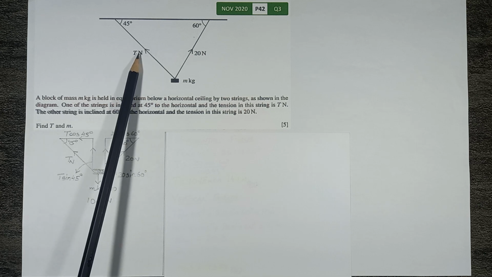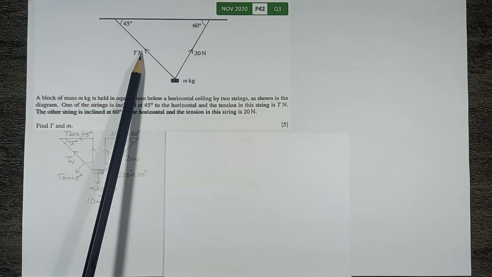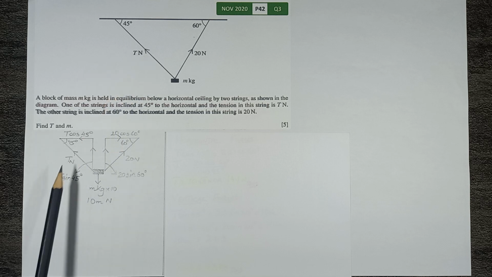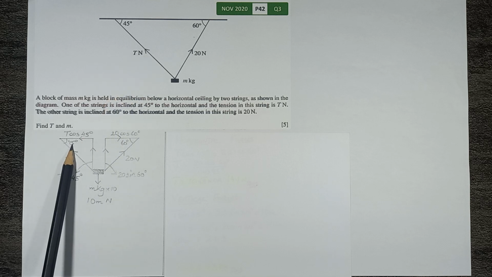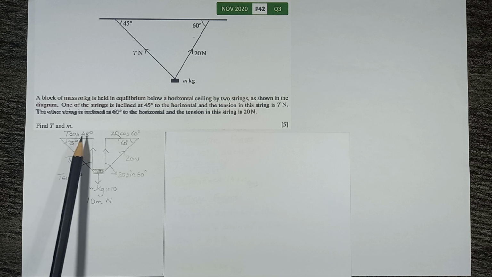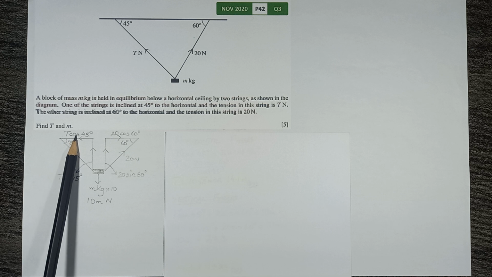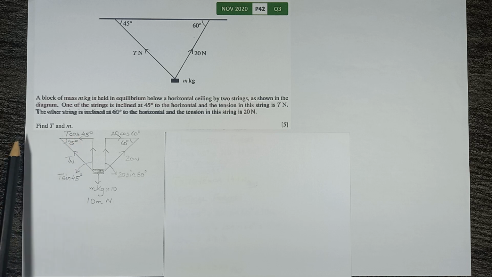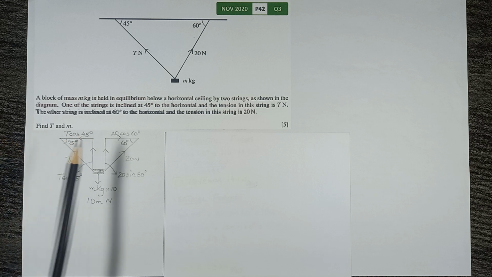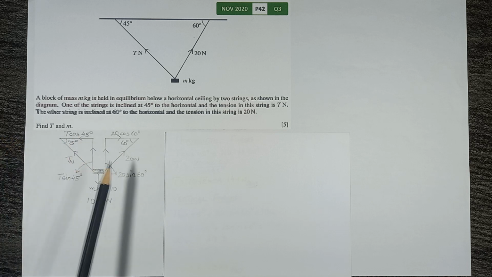T Newton is the force in the string over here, which is making an angle of 45 degrees to the horizontal. So the horizontal component would be the cos component, T cos 45, which is to the left.